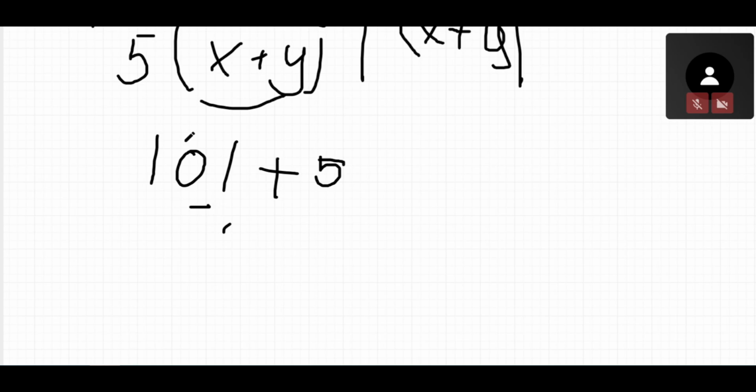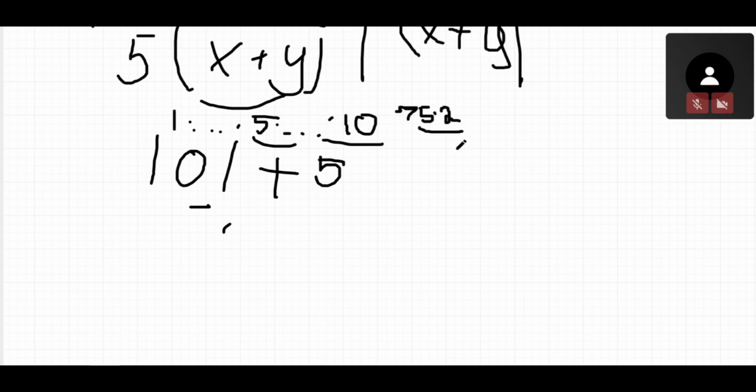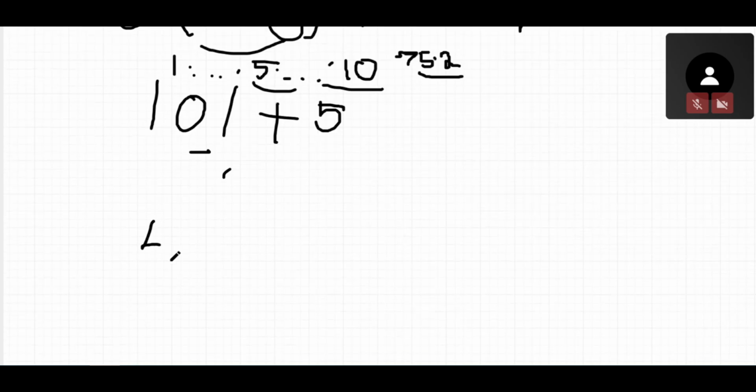We have 2 5s there, because it is the multiplication from 1 to 10. And if we write it like this, you can see there are 2 5s, one 5 for 5, another 5 for 10, because we can write 10 as 5 multiplied by 2. Yes, we can also write it like this. There are 2 5s. If we take one 5 out of here, what will we get?